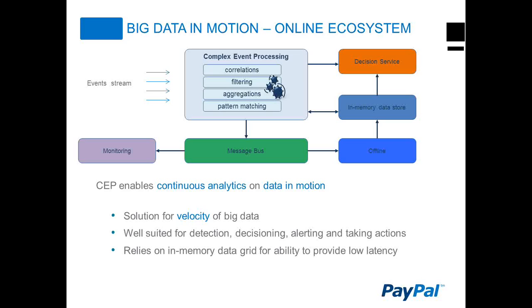What is user about to do based on the events I have seen? So you're always observing the present and trying to predict the future. Whereas on offline systems, you're always looking back at the historical behavior and then try to predict what's going to happen. So in complex event processing, generally events come in where they get filtered, aggregated, and so forth, and then you emit decisions out which can be consumed by your decision services.